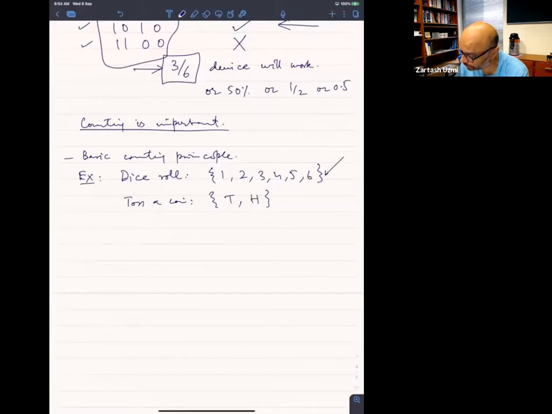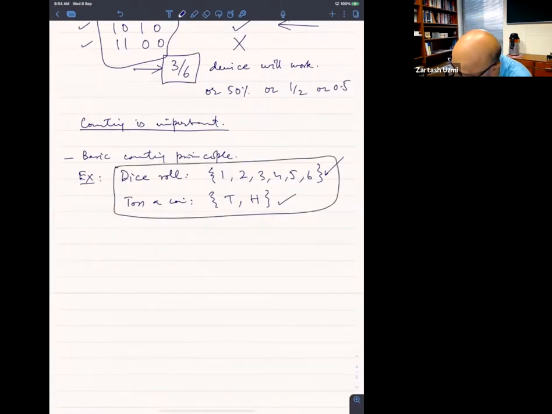6 possible outcomes. Second experiment, tossing a coin, how many outcomes? 2 possible outcomes. If you perform both of these experiments together, आपने एक कॉइन लिया और एक डाइस लिया और दोनों को इकट्ठा रोल कर दिया, how many different possible outcomes? Answers in the chat window. 12 possible outcomes, not 8। क्योंकि टेल के साथ भी ये 6 की 6 आ सकती हैं और हेड के साथ भी ये 6 की 6 आ सकती हैं.